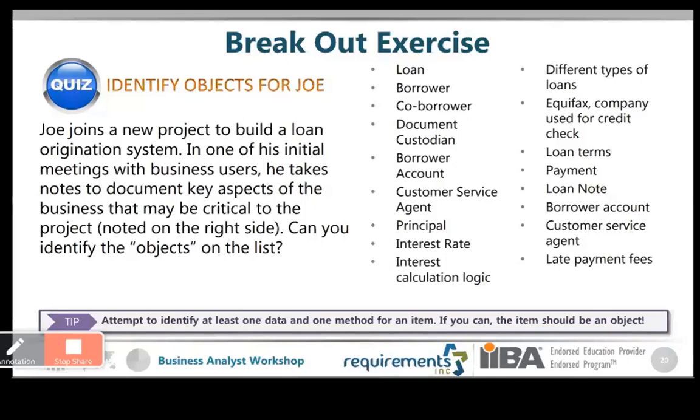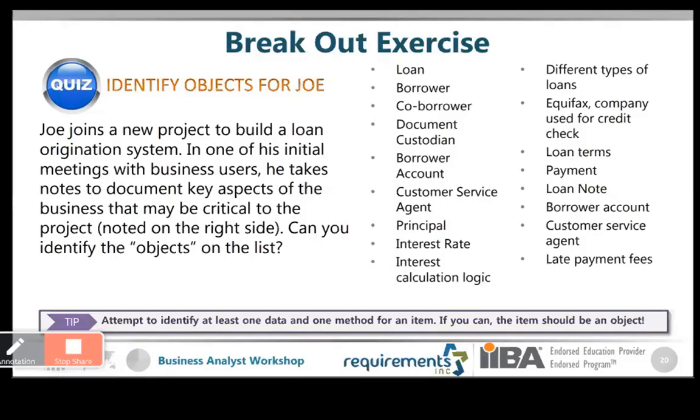Okay. Payment. It's a function. Yes, it is an object, I think. Yep, it is an object. Loan note, depending on what we have discussed so far, is not an object.